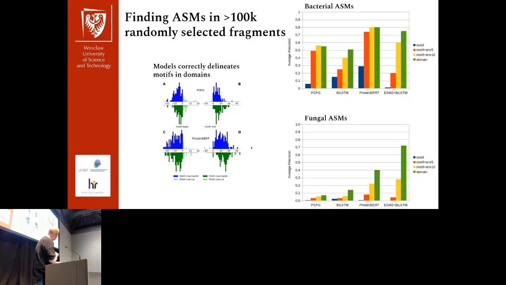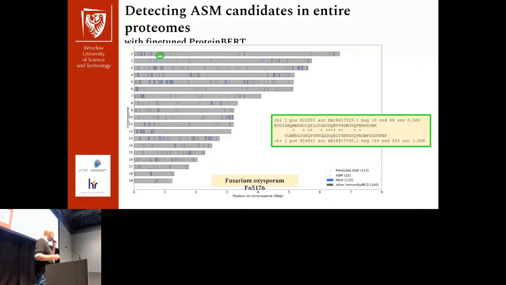It seems that BLSTM has learned on bacterial sequences how to use ESM2 embeddings to detect amyloid signaling motifs, and was able to translate this knowledge to detect fungal motifs.